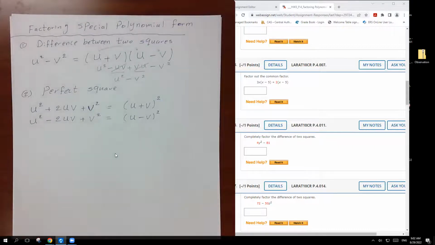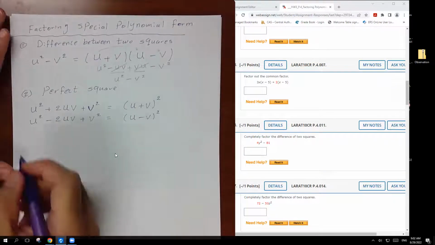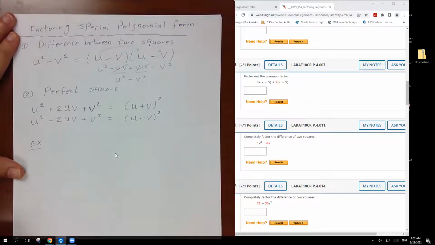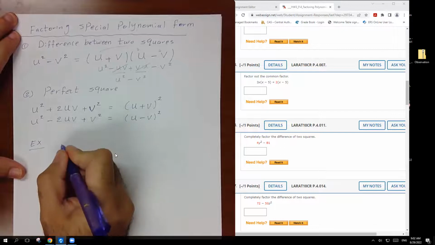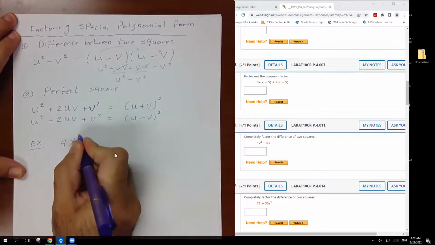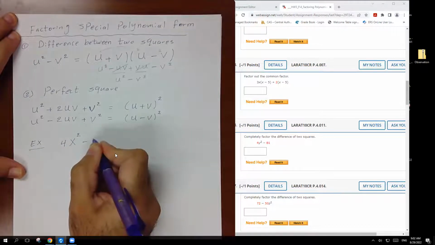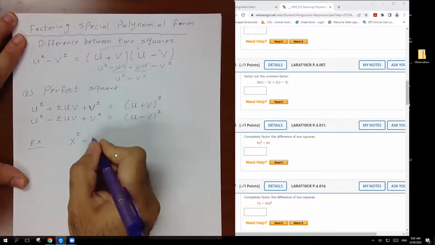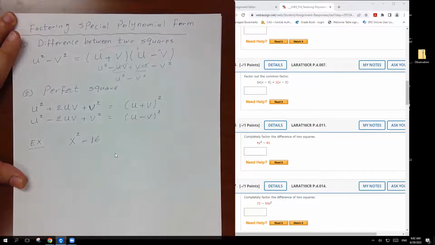For the difference between two squares, if you have, here's an example, x squared minus 16.